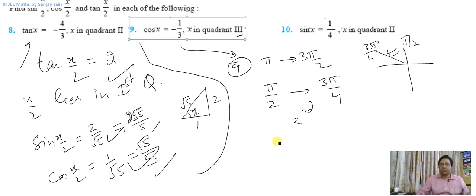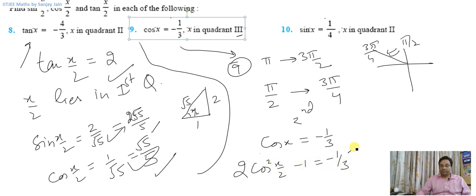So we will look for second quadrant, and cos x is given as minus 1 by 3. So can I write it as 2 cos square x by 2 minus 1 equal to minus 1 by 3? And then I'll take this 1 on the other side. So 1 minus 1 by 3 will become 2 by 3, and this 2 will get cancelled with that 2.